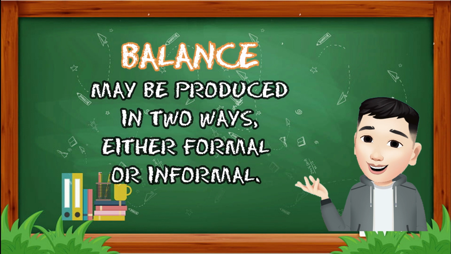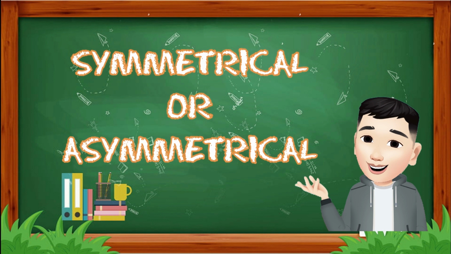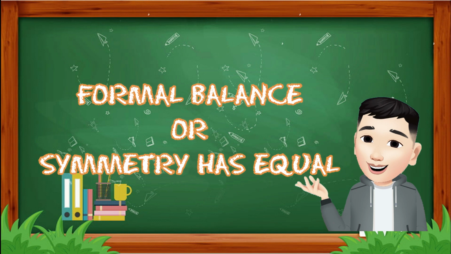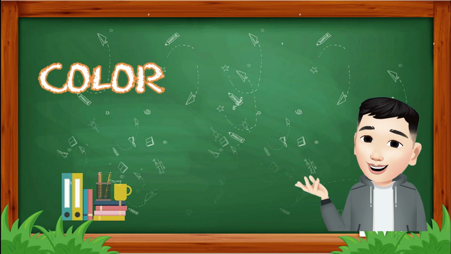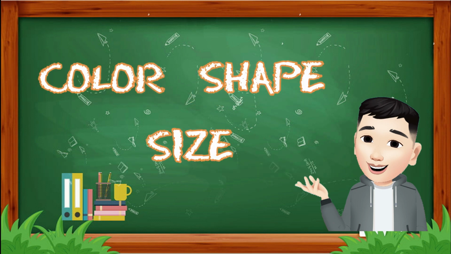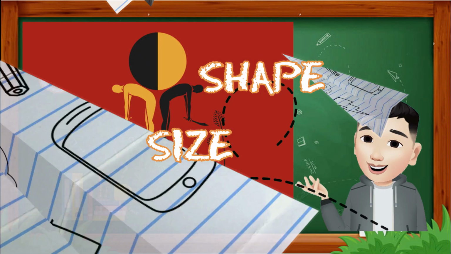Third is balance. Balance may be produced in two ways, either formal or informal, or symmetrical or asymmetrical balance. Formal balance or symmetry has equal color, shape, and size on either side of a design.